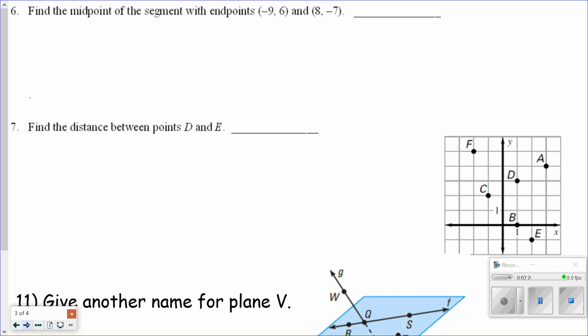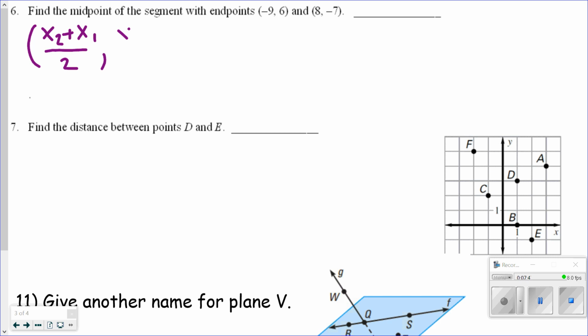Number 6. Find the midpoint of the segment with endpoints (-9, 6) and (8, -7). All right, so first I'm going to write down our midpoint formula. Our midpoint formula is x2 plus x1 divided by 2. That's how you find the x-coordinate.